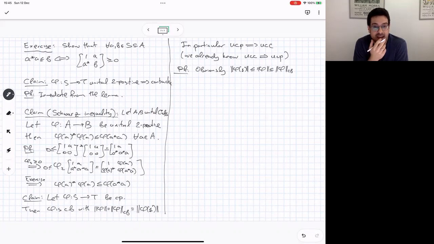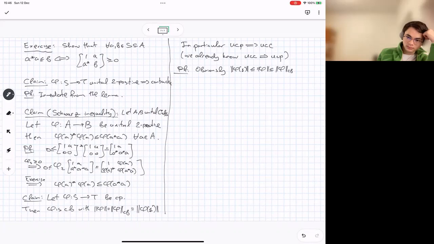In fact, unital completely bounded maps, UCBs, are going to be maps that are similar to unital completely contractive maps. What do I mean by similar?